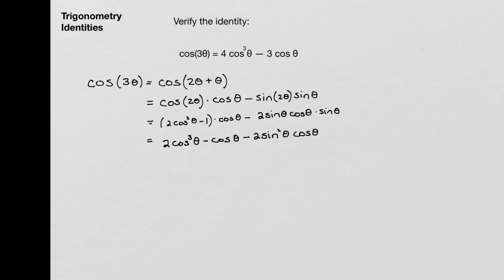Now again, I don't want to have any sine in my final answer, so my next move, I'm going to bring down 2 cosine cubed theta minus cosine theta, and then minus 2, but instead of writing sine squared theta, this part is going to change. I'm going to change it into 1 minus cosine squared theta times cosine theta.